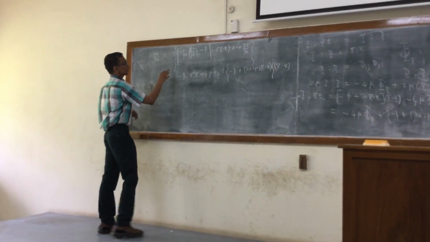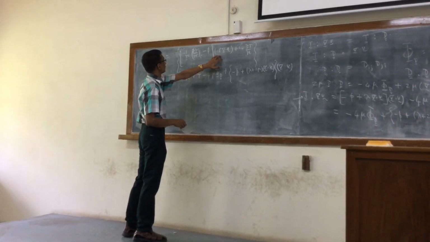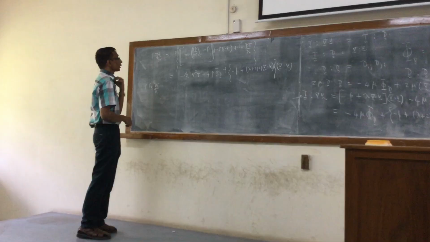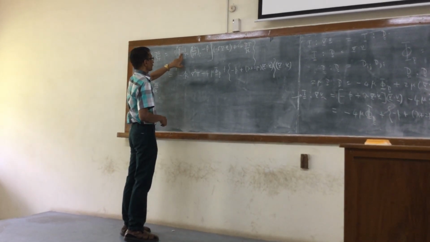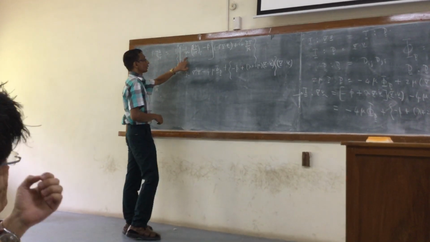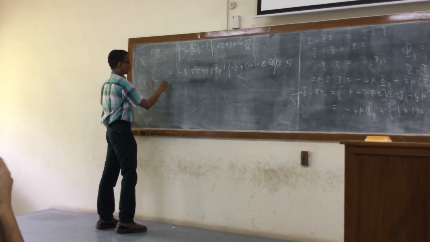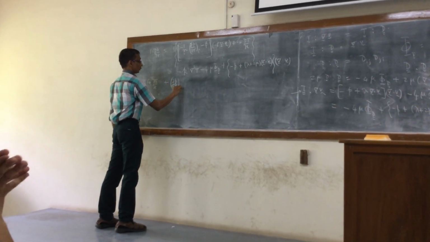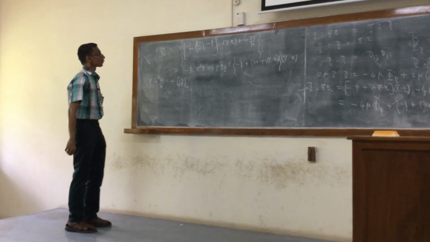Then I have to collect together these terms. So if I look at this term, there is a minus rho, there is another minus here, so those two will cancel and get plus rho. And then there is a rho here and there is a rho square here and there is a rho there, so that whole term is going to give me plus dP by dt at fixed rho, times.